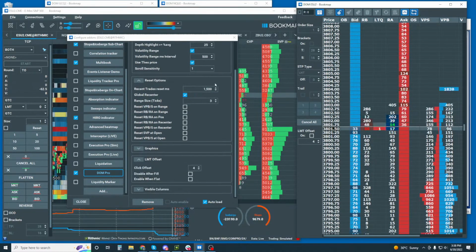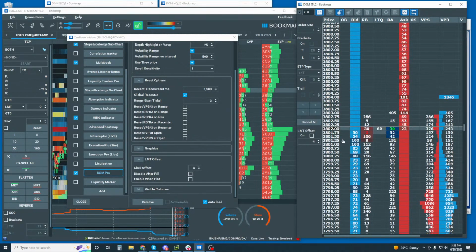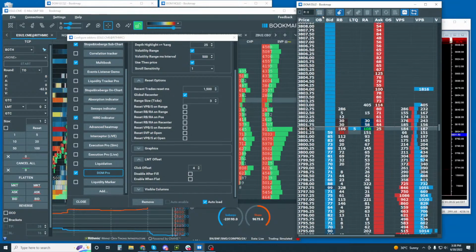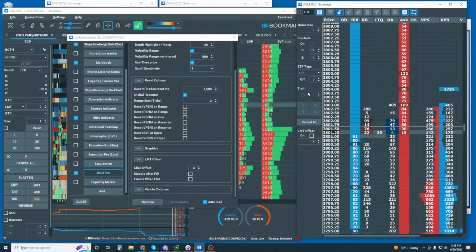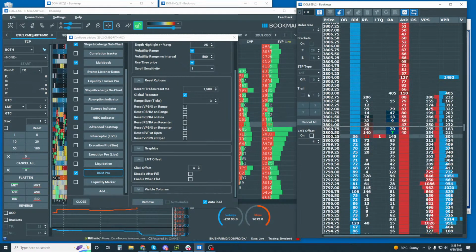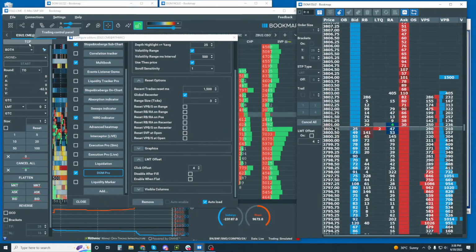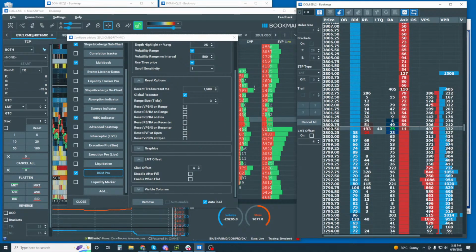Okay. One thing I wanted to note with the show/hide order panel here: a lot of the functionality in here is not accessible. It has to be accessed through the trade control panel within Bookmap. However, the limit offset is, so you can check the box in here.